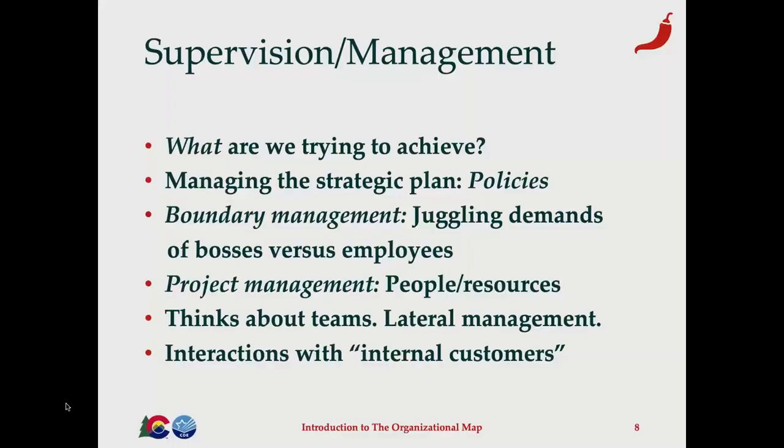There's a book that will be in your resource guide by Dr. Linda Hill, who's with Harvard, called Becoming a Manager, that's been in print for almost 20 years. In it, she talks about the fact that the demands being made on you from above the food chain versus what the employees want may be very different. So you spend a lot of time juggling between those two sets, and it's called boundary management.